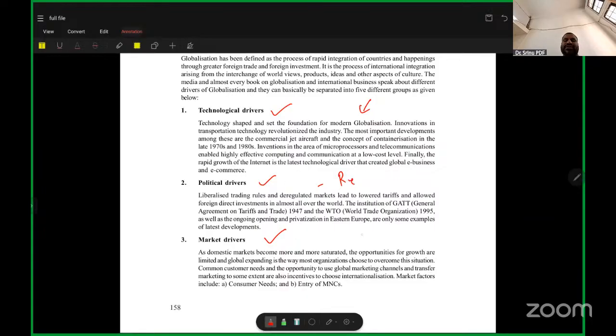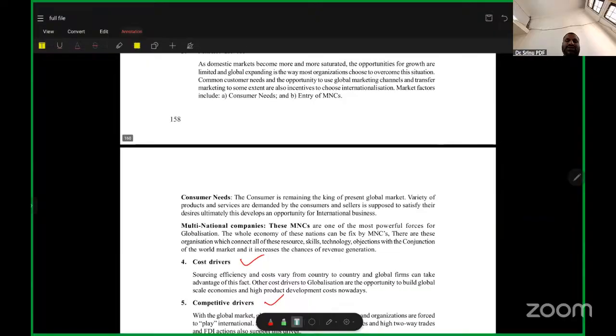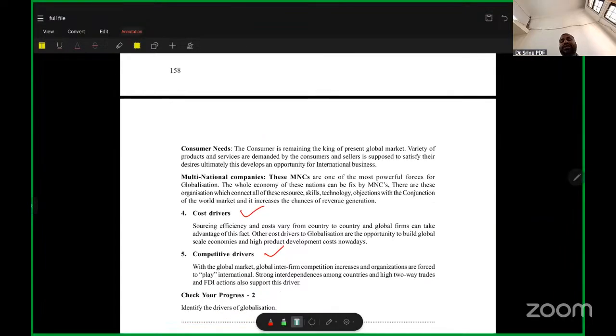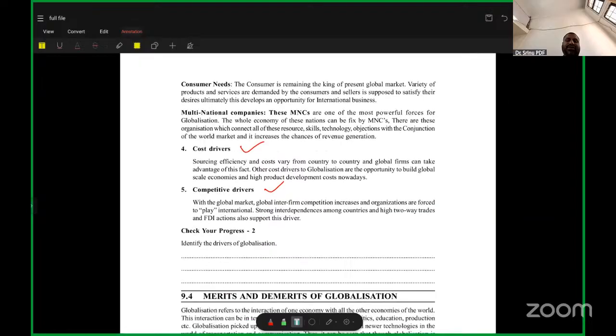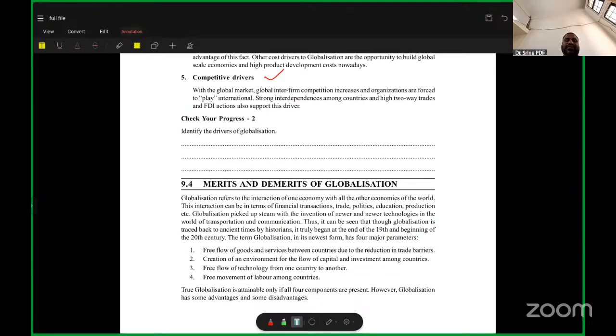Market drivers: the establishment of major infrastructure facilities. Next is cost drivers. Most companies establish in India because our labor is very cheap. That is nothing but a cost driver. So these are all drivers of globalization.